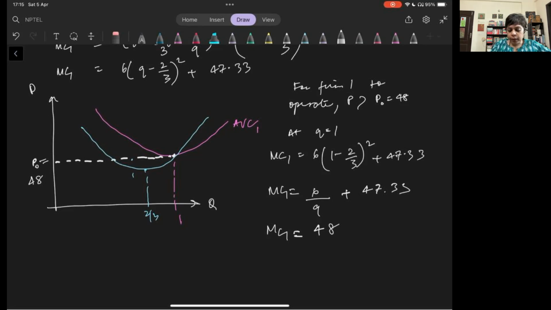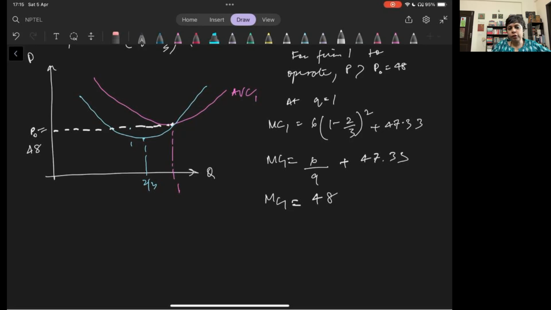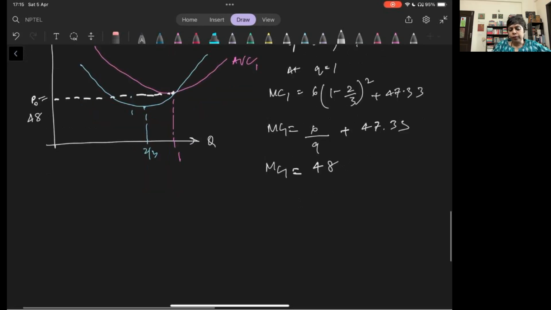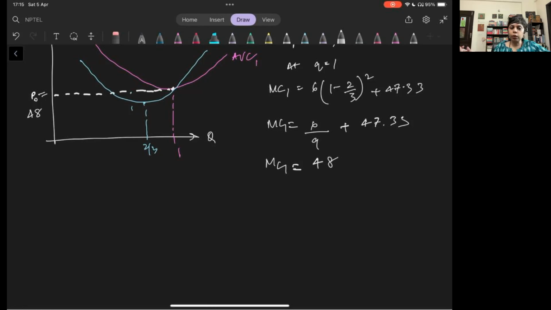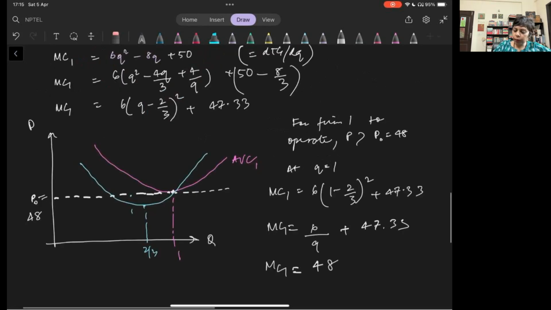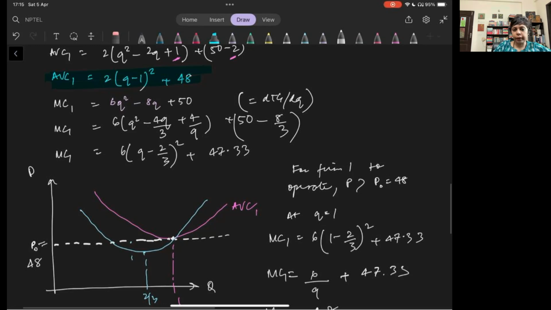Beyond the minima, meaning if you increase quantity to the right of the minima, the firm maximizes profit as long as price is higher than this P naught value. So we were writing P is greater than P naught equal to 48.